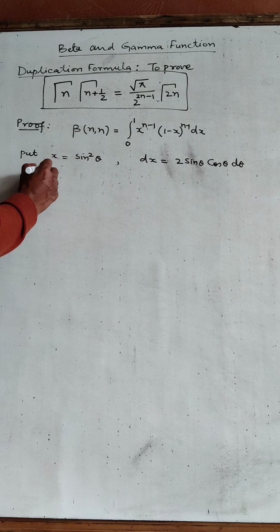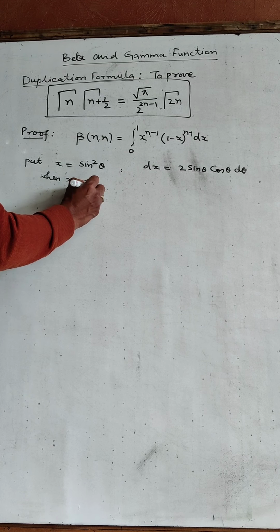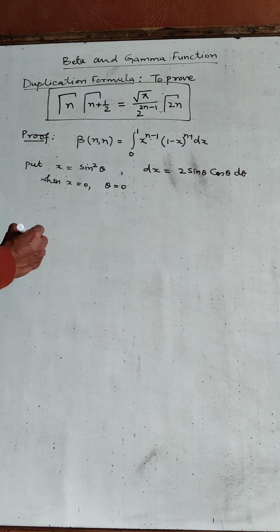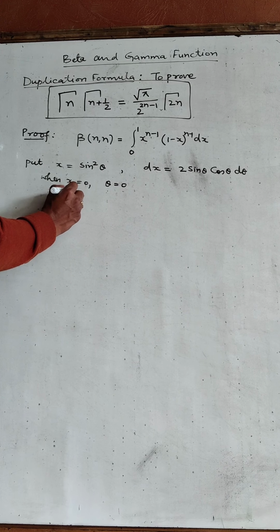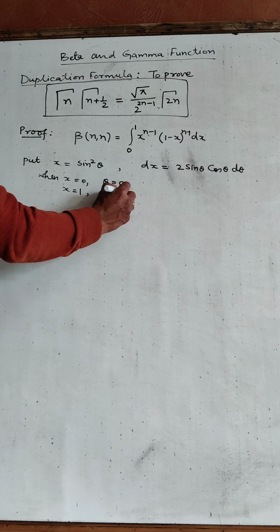Also, when x is equal to 0, theta would also be equal to 0, and when x is equal to 1, theta would be equal to pi by 2.